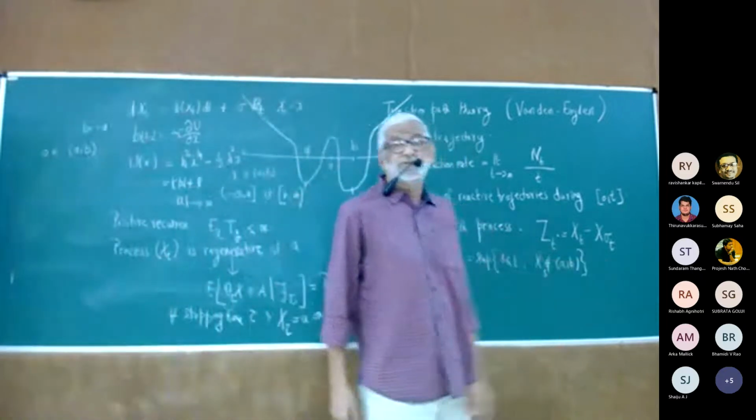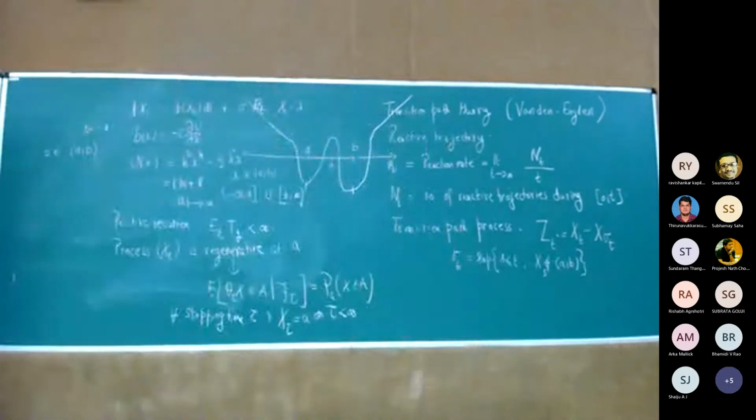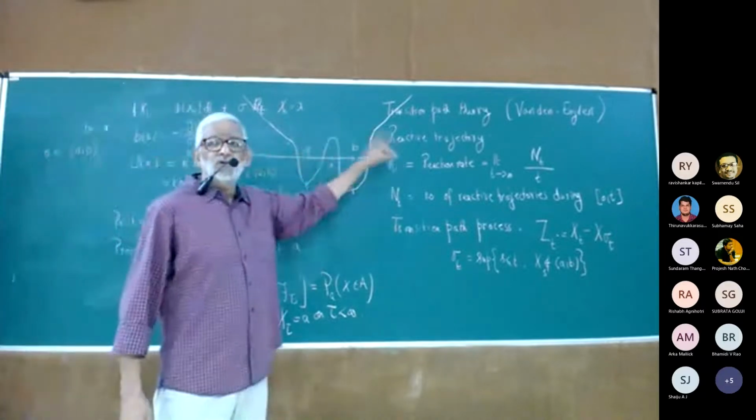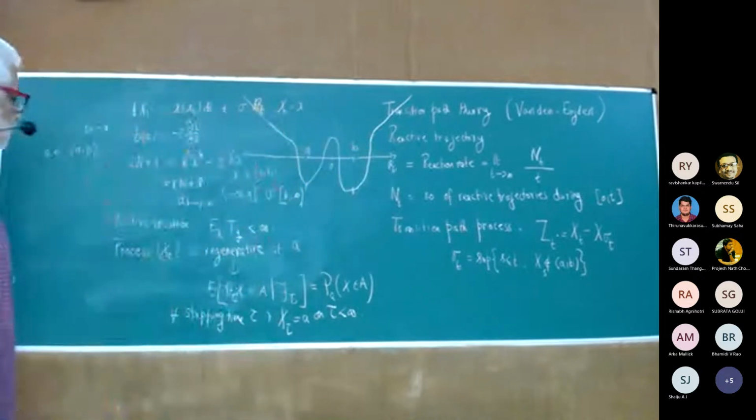And ZT is this. Now ZT, I'll draw a picture which will tell you it tracks the behavior of X, as X, this diffusion, crosses over from A to B and back.